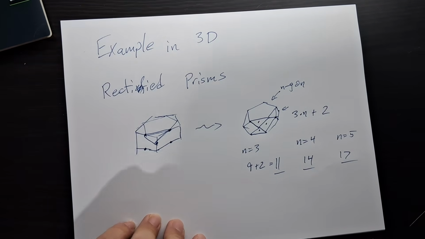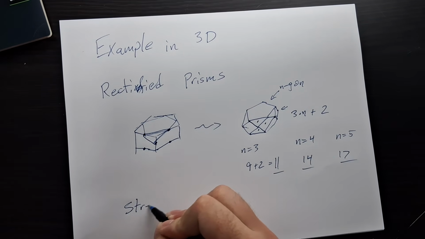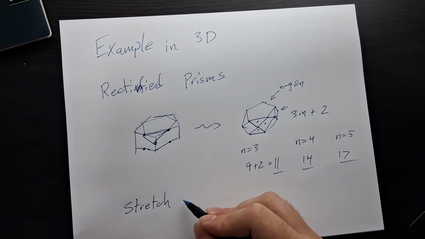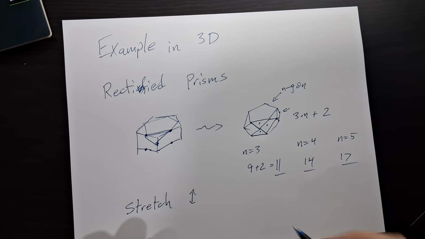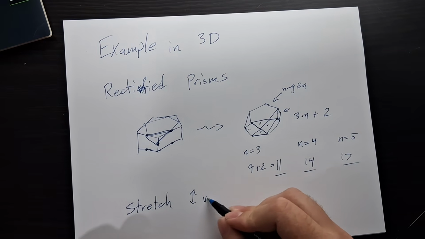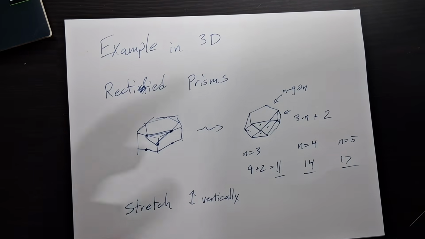11, 14, 17. As far as shapes go, this is kind of a strange number. Like platonic solids, they don't have numbers like this. I mean, a couple prime numbers showing up. It's kind of odd. But the cool thing is if we stretch vertically in the appropriate manner, then how many edges are we dealing with?